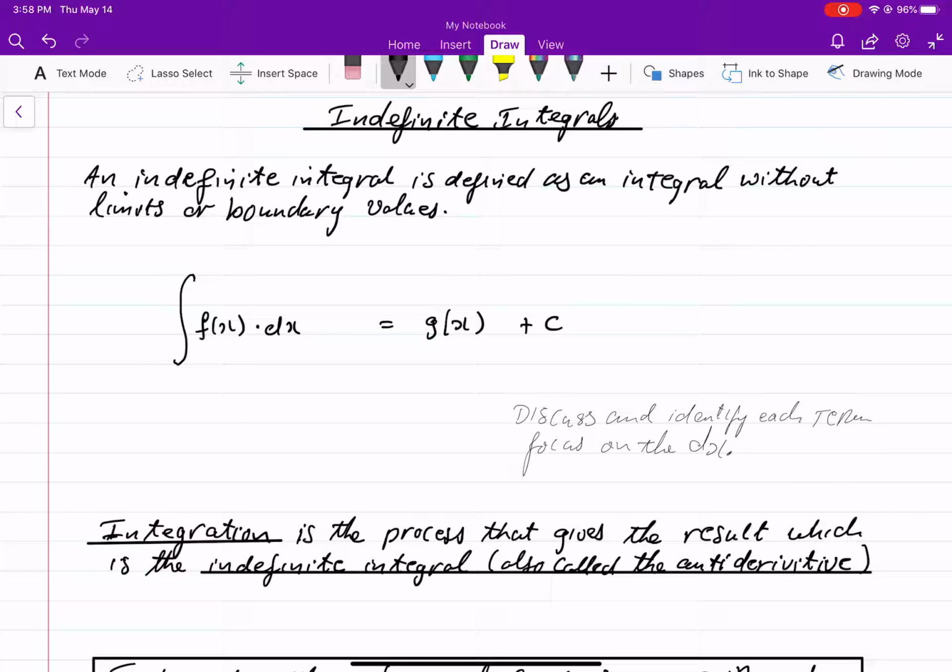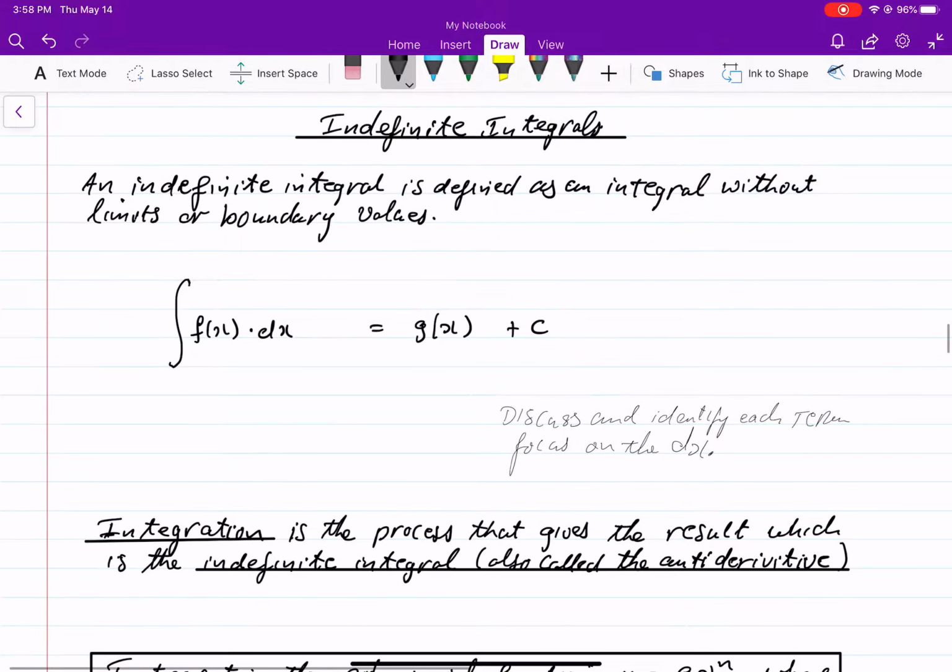So, here is the way you indicate that you're integrating a function. Let me identify each term in this. This fancy looking elongated S, that's the integration sign. And it's used to tell me I have to integrate whatever is inside there.